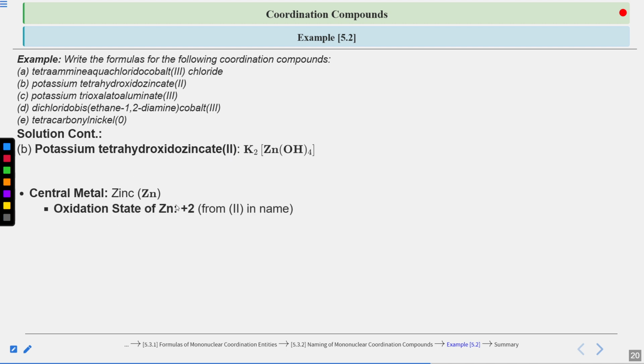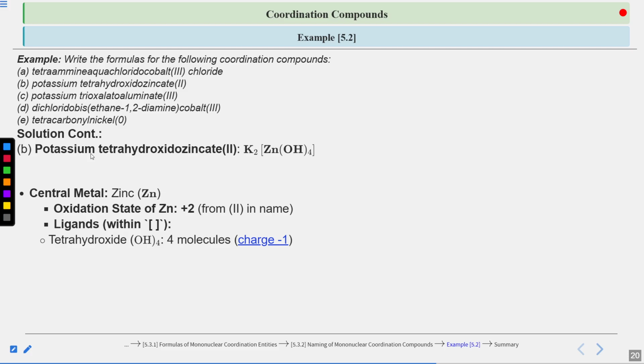The oxidation state of zinc will be plus 2. It is given in the name. Then the ligands within the square bracket are tetrahydroxido. Hydroxido means hydroxide ion. So tetrahydroxido means 4 hydroxide ions are present, each carrying minus 1 charge.